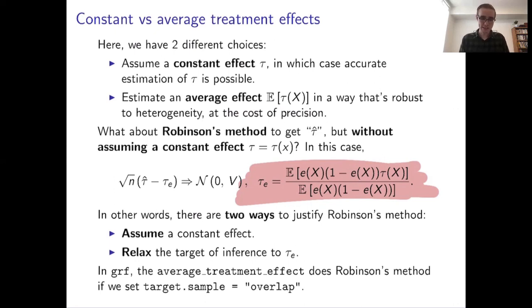You recognize that there's some heterogeneity in the treatment effect, and the thing you're going to get is actually a weighted average of the treatment effect. But if the treatment effects are close enough to being constant, then maybe this weighted treatment effect is close enough to what you care about. And you can just relax and use that estimator in your analysis.